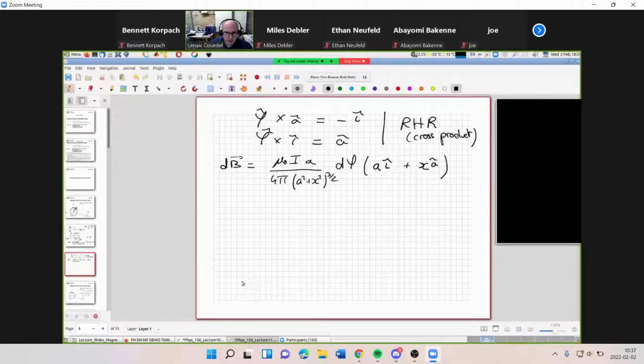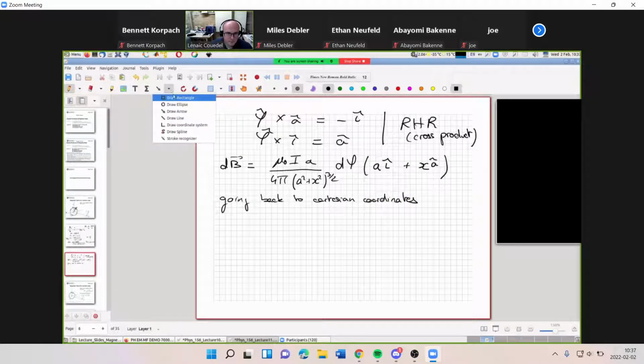So now you can go back to Cartesian coordinates. I'm going to draw a circle. That's the loop that you see from in front, like when you put it in front of you. Here you have point O, here you have the radius A, and you can define the a hat vector. It's a unit vector. And you can have the angle phi like that.